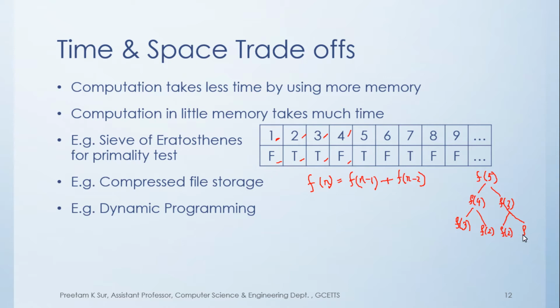So you can further extend this tree structure to see how these recursive calls are going to be. Now if you look at these sub-problems, you can find that some of the sub-problems, like f of 3, are appearing more than once, right?